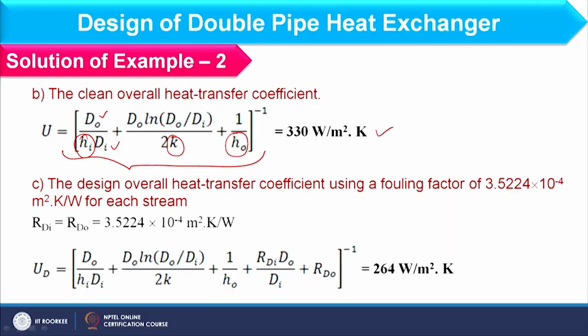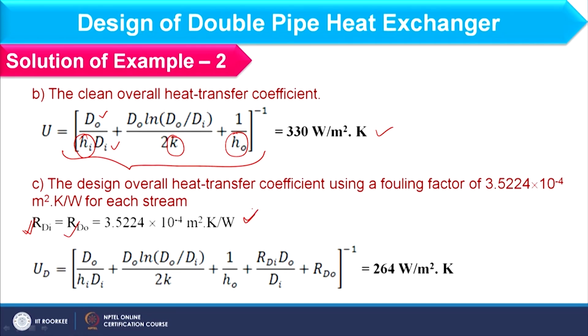And next we have to calculate the overall heat transfer coefficient considering fouling factor. And this heat transfer coefficient we consider as the design overall heat transfer coefficient. So, here you see the dirt factor for inner fluid as well as the fluid which is moving in the annular side are given, and that is equal to 3.5224 10 power minus 4 meter square Kelvin per watt.